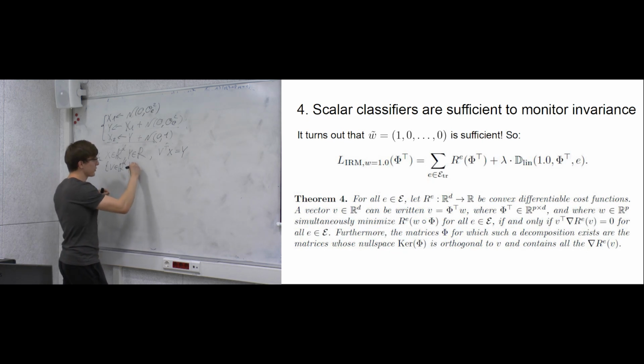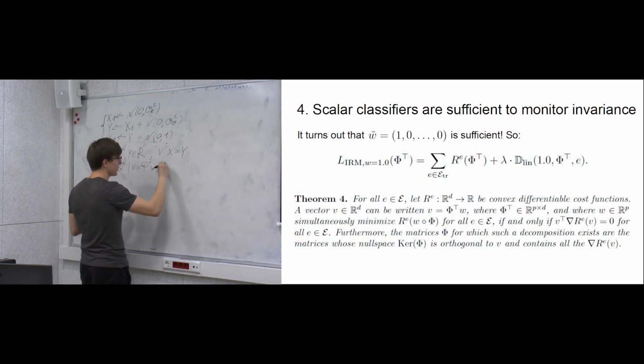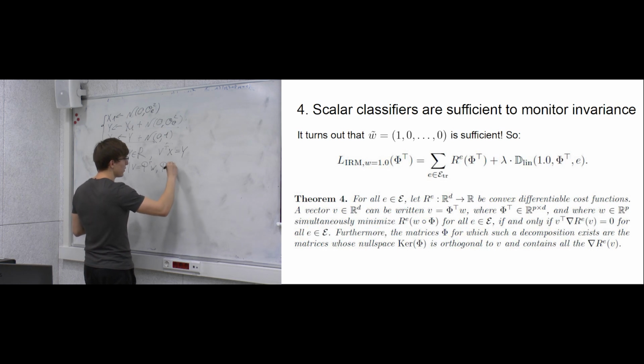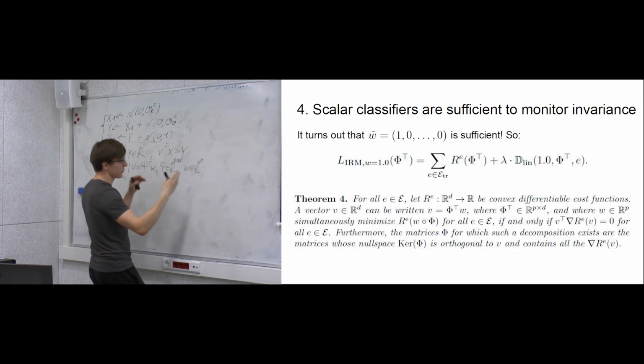That means that we can represent our v as phi transposed by w, where phi belongs to R^(p by d), and w belongs to R^p, such that our classifier is optimal across all environments.